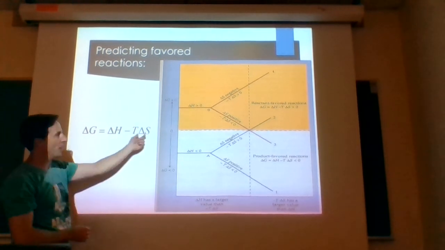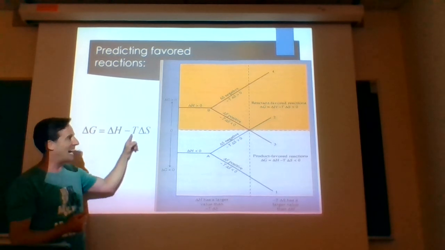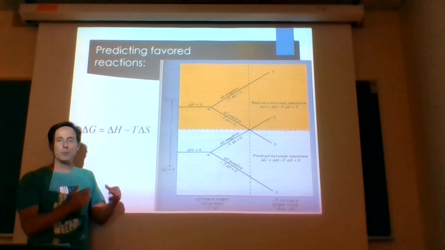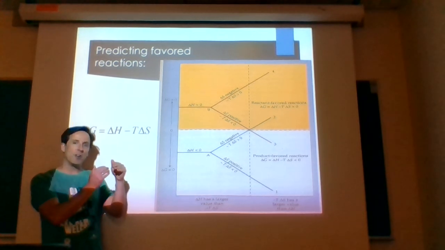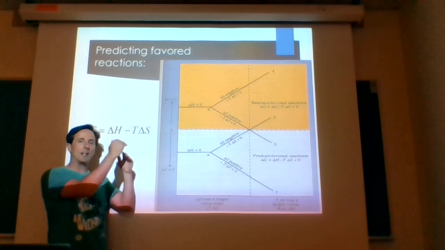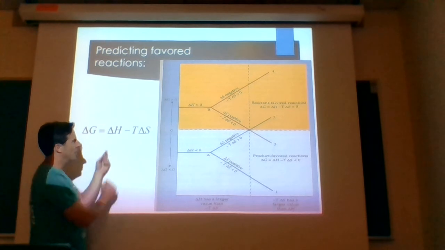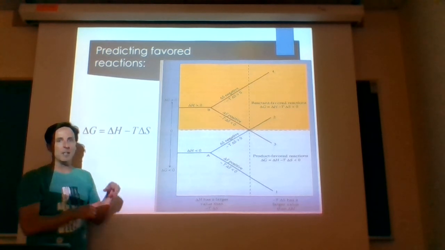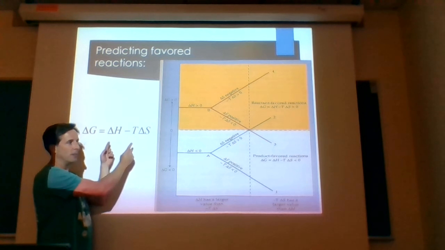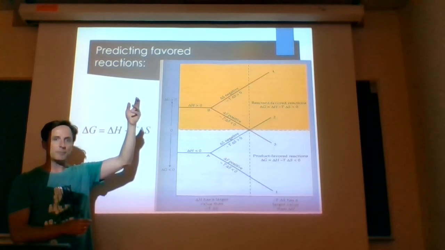So if delta H and delta S are both positive, having a high temperature is going to favor spontaneity. Basically what will happen is, above a certain threshold temperature, it'll become spontaneous. If I go below that temperature, this term will get too small, and this one will dominate, and it'll be non-spontaneous. So when they're both positive, I have to go above a certain temperature to make it be spontaneous.